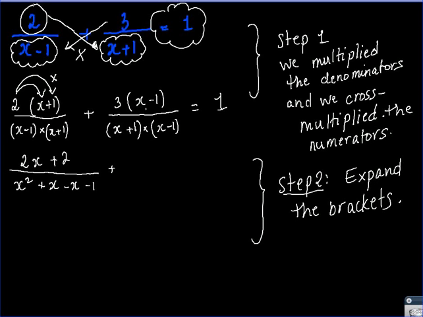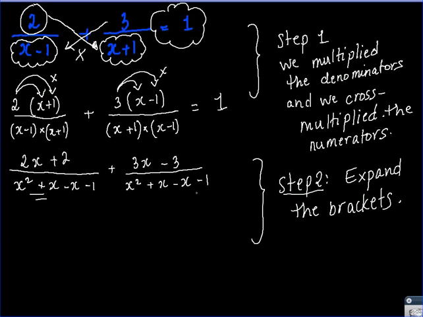For the other one, we're going to do exactly the same thing. 3 times x is 3x, and 3 times minus 1 is minus 3. And at the bottom, we're going to have the same thing as what we had here: x squared plus x minus x minus 1.